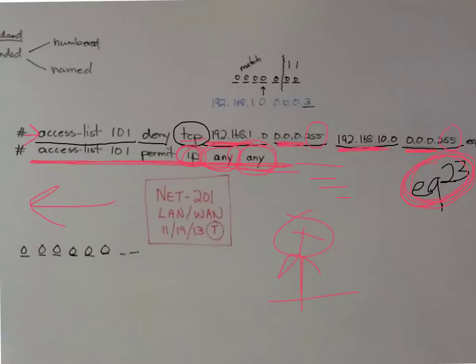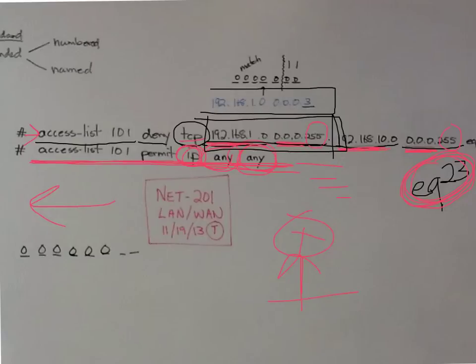The last thing I did is I asked the students, instead of this source, let me draw a box around it here, instead of this source, we have this one. More or less we're saying 192.168.10, but we have a 3 here.